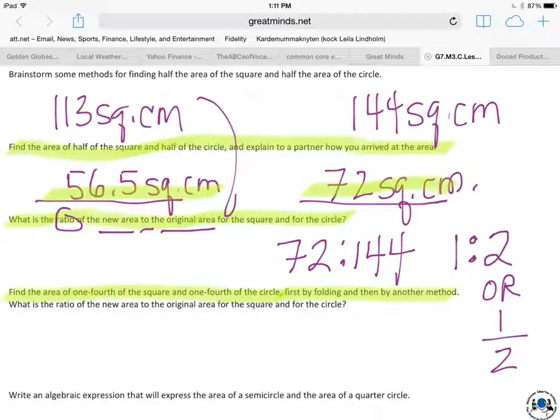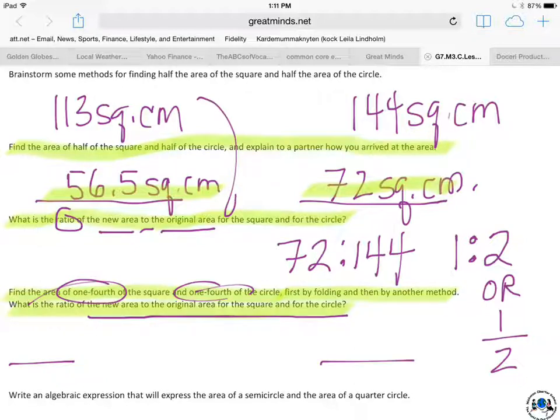Then tell me what is the new ratio of the new area to the original area for the square and for the circle. This is for 1/4 of the square and 1/4 of the circle. So give me the area of these 1/4, and then give me the ratio expressed as a fraction. Would be good. Okay.